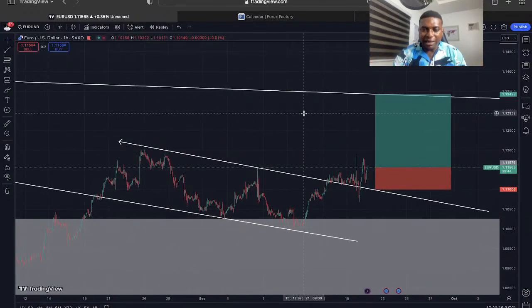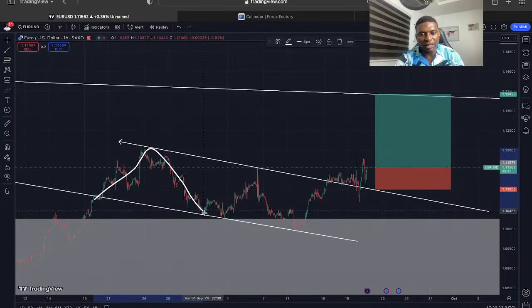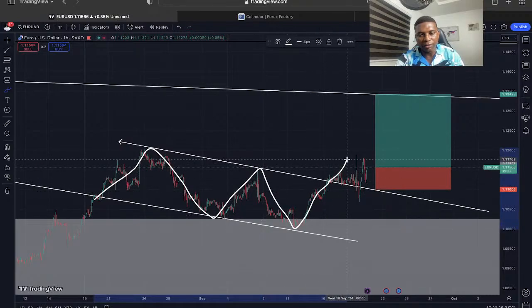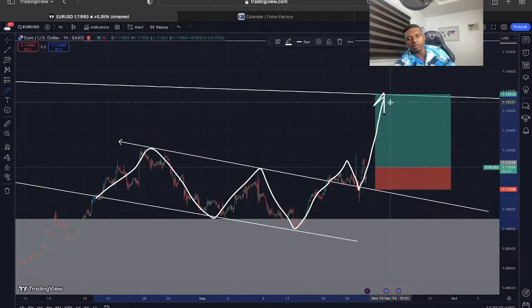So it's clearer here now how price moved up, down, up, down, up, and then a breakout happened, and a pullback is happening. And what do you expect? Yes, to the next resistance zone. That is what we are most likely going to see on Euro USD.